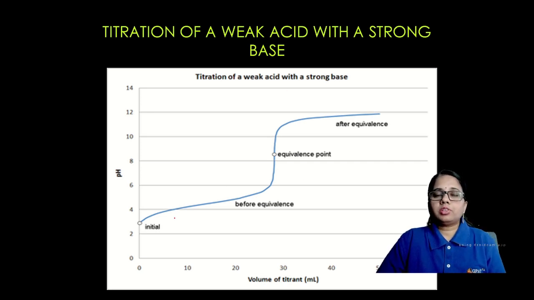Okay, so if you see that, initially we are going to have 0 ml of the NaOH, that means no NaOH is added. At that point we have only the weak acid in the conical flask. In that case the pH is going to be around 2 to 4, that means around 3.